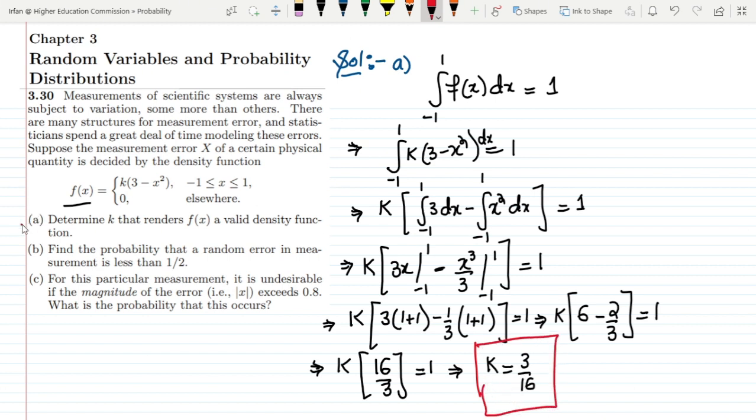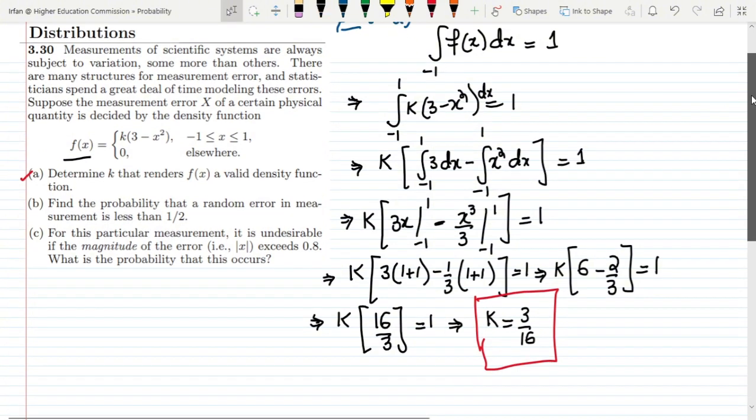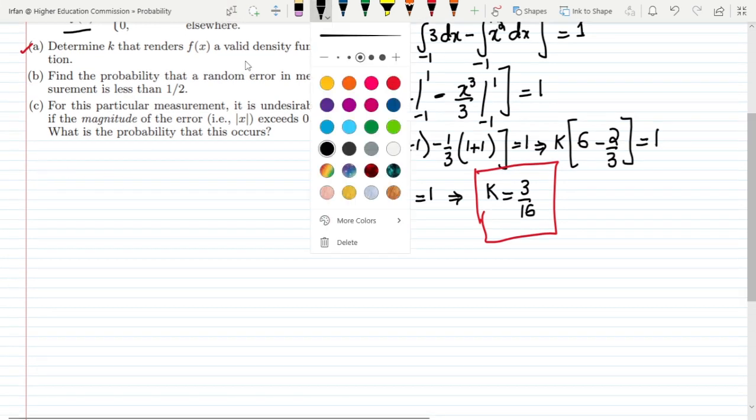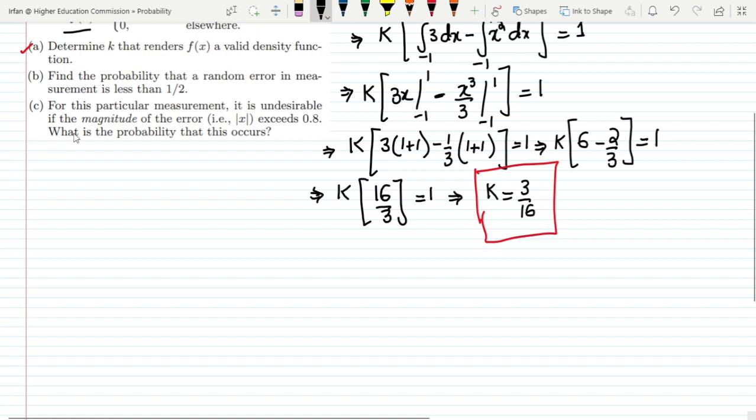So we have done part A of our question. In part B, we have to find the probability that a random error in measurement is less than 1 by 2. To do so, first of all, we have to find the CDF of it.